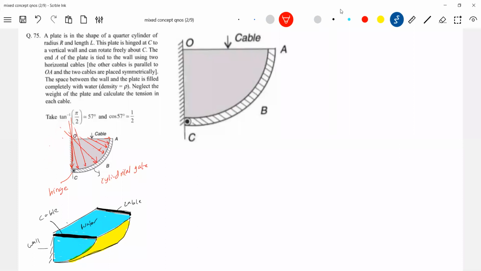Some rough diagram. How do you manage? You can do it by integration.